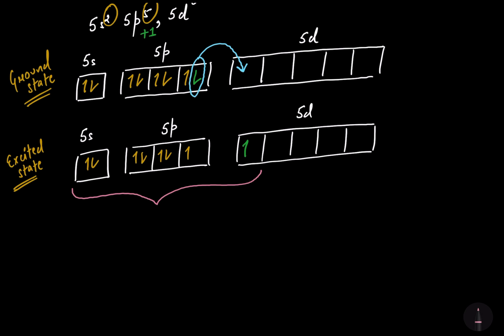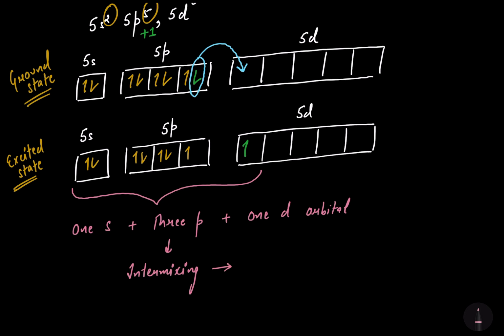That means here is the intermixing of 1 s orbital, 3 p orbitals, and 1 d orbital. The intermixing process of atomic orbitals is called hybridization.